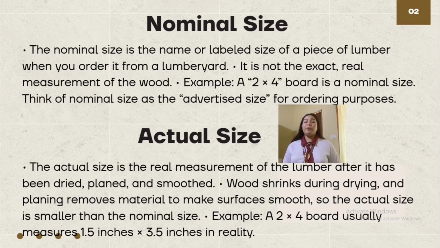For example, a 2 by 4 board usually measures 1.5 by 3.5 inches in reality. So, the nominal size is for ordering, while the actual size tells you the true dimensions of the wood that you will use.